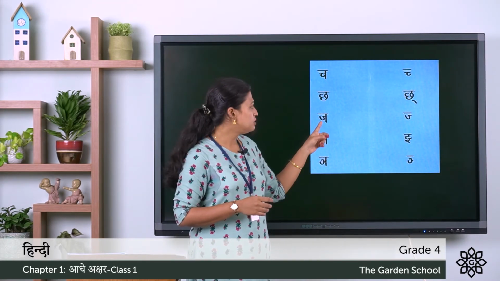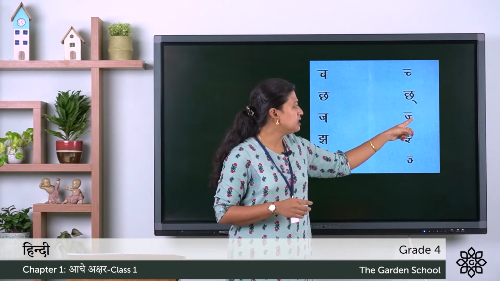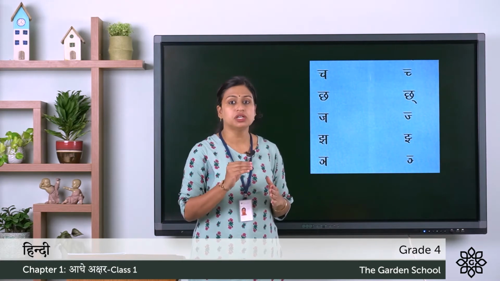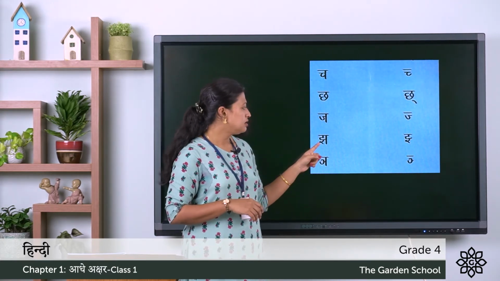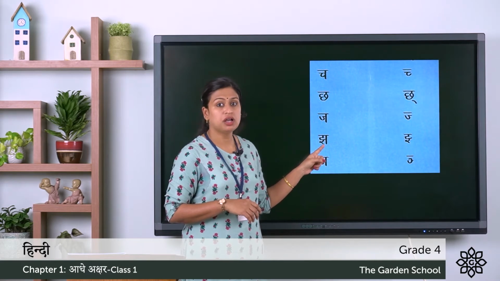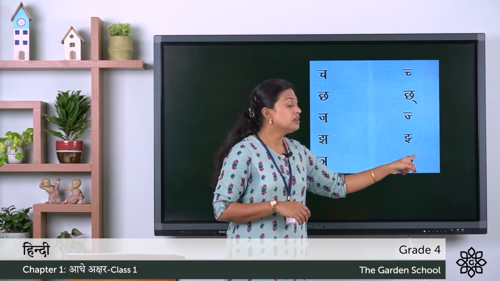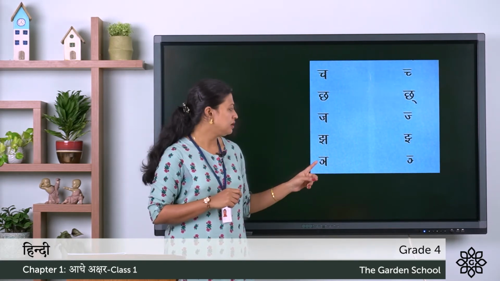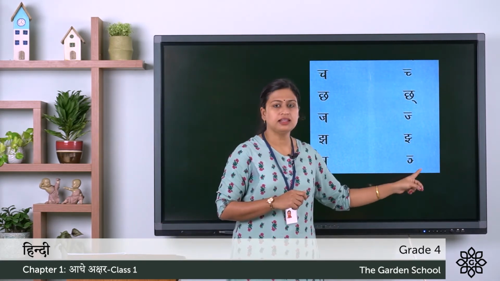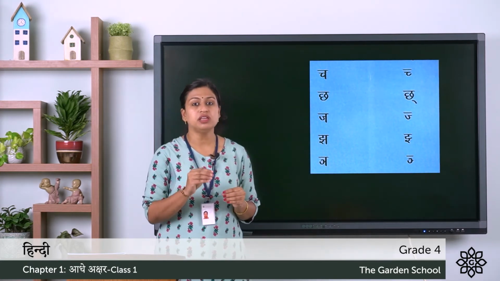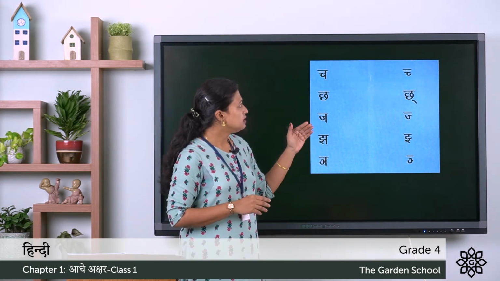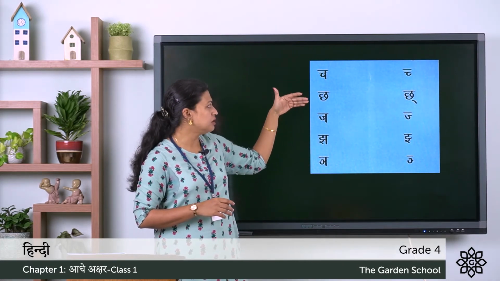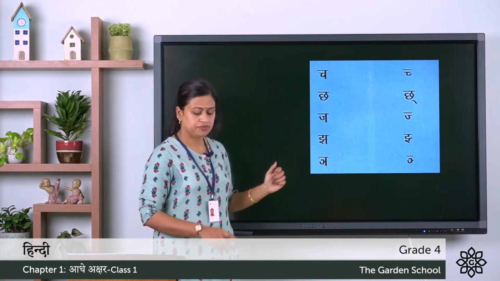Next one is Ja, and here you can see in this half form the standing line is missing and we pronounce Ja, very short sound. This is Vyanjan Akshar Ja, and here also you can see the standing line is missing and we pronounce Ja. Ya, here also the standing line is missing and it has very short sound. So these are the half forms of Vyanjan Akshar Cha, Cha, Ja, Jha, Ya.